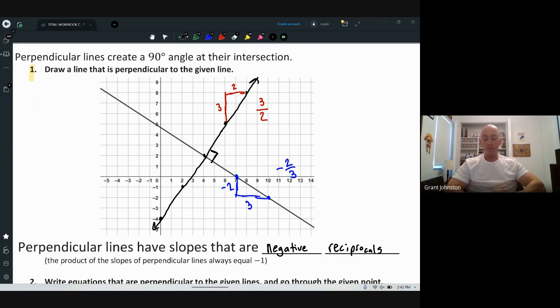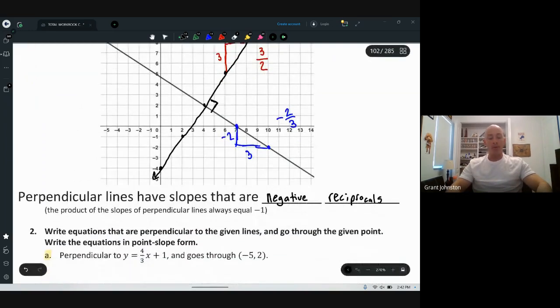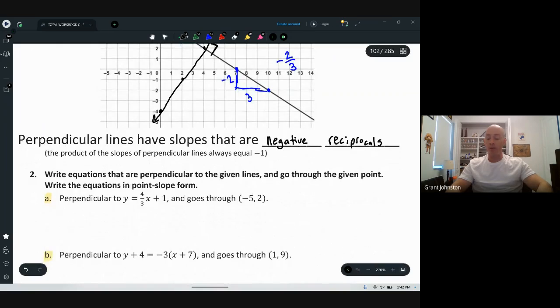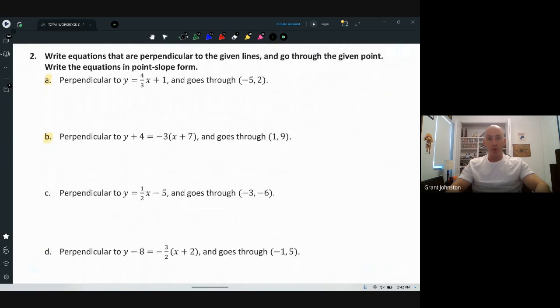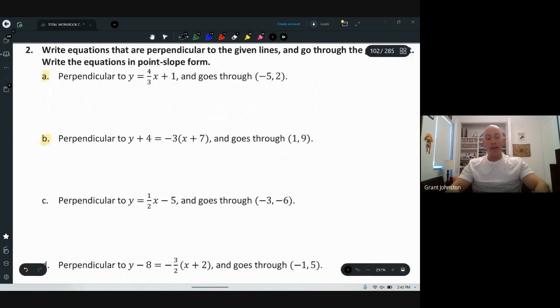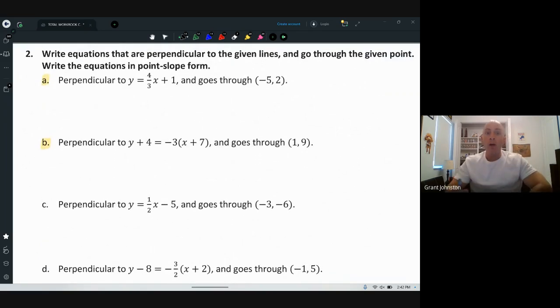Okay, so number 2 says, write equations that are perpendicular to the given lines and go through the given point. Write the equations in point-slope form. A says perpendicular to 4/3 x plus 1. So this slope right here is 4/3.